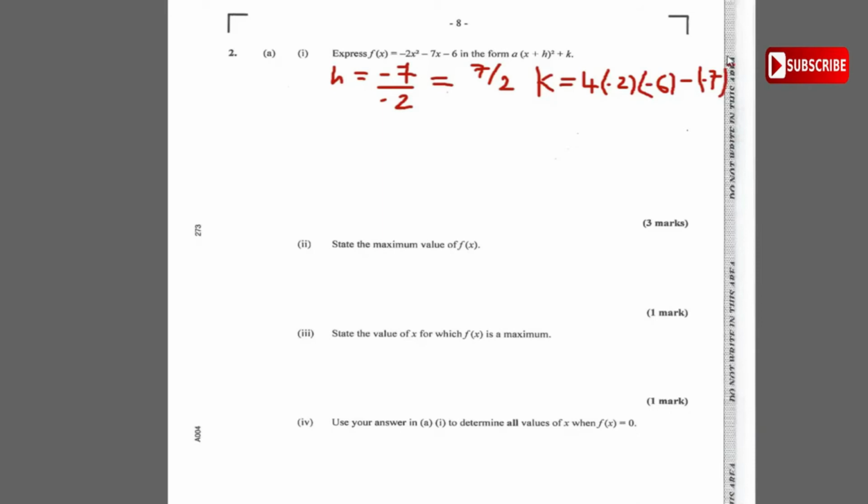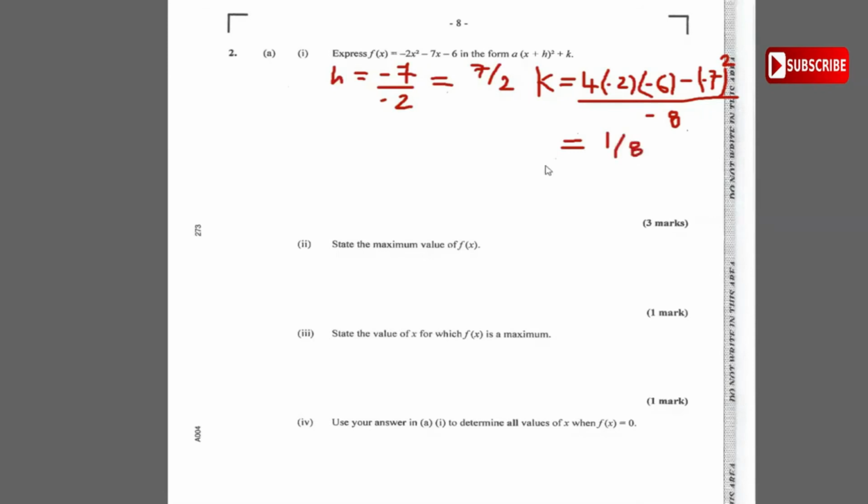And you divide all of this by 4a, which is 4 times negative 2, which is minus 8. So that gives you k. Now we can work it out: 4 times negative 2 times negative 6 minus negative 7 squared, and we divide that by minus 8. That's 1 over 8. So that is k, 1 over 8.